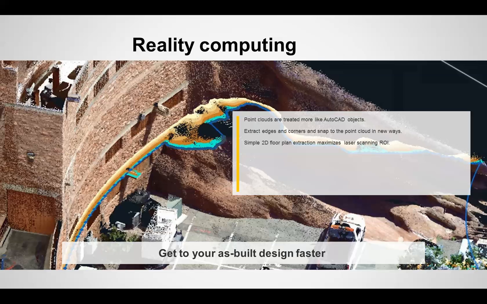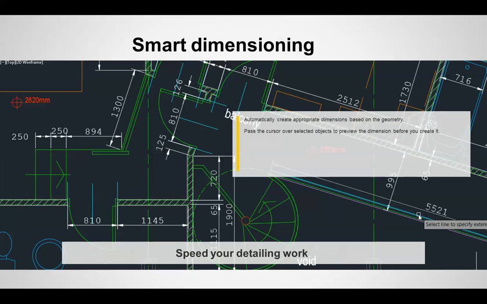We'll see that as we go along. Another feature that has been added is smart dimensioning. We can automatically create the appropriate dimensions based on the geometry you pick. It will preview that geometry before you accept the dimension, and we will see some of that.